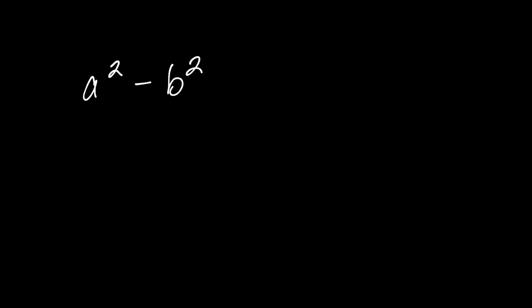So a squared minus b squared really falls into a special factoring formula where we say the difference of two perfect squares is equal to the product of the sum and difference of two numbers.